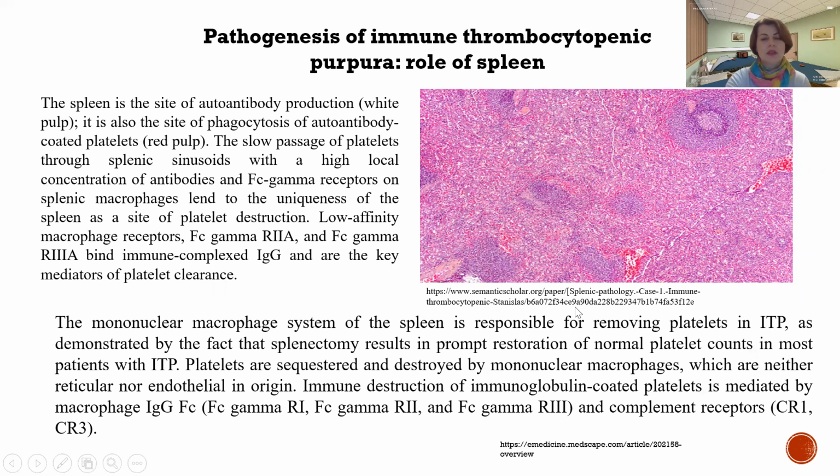Platelets are sequestrated and destroyed by mononuclear macrophages, which are neither reticular nor endothelial in origin. Immune destruction of immunoglobulin-coated platelets is mediated by macrophages, immunoglobulin G, Fc factor, and complement receptors.